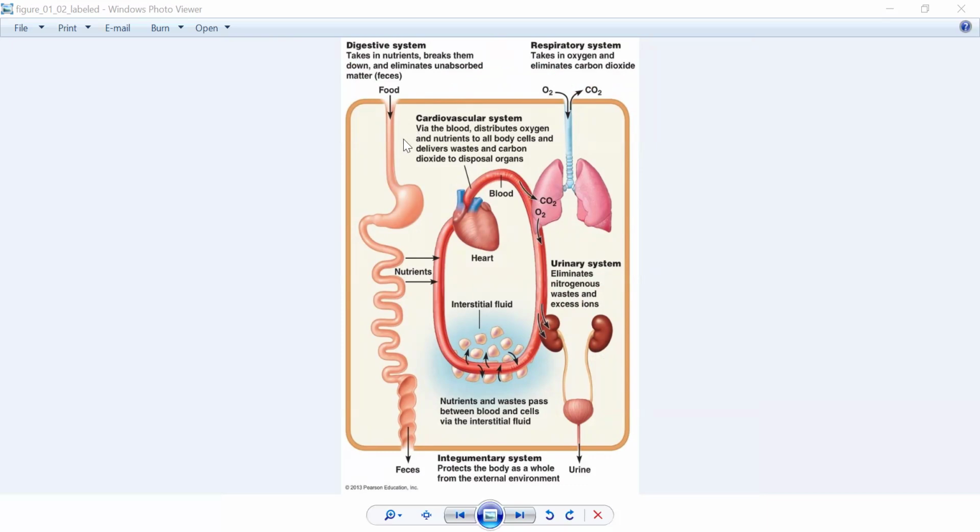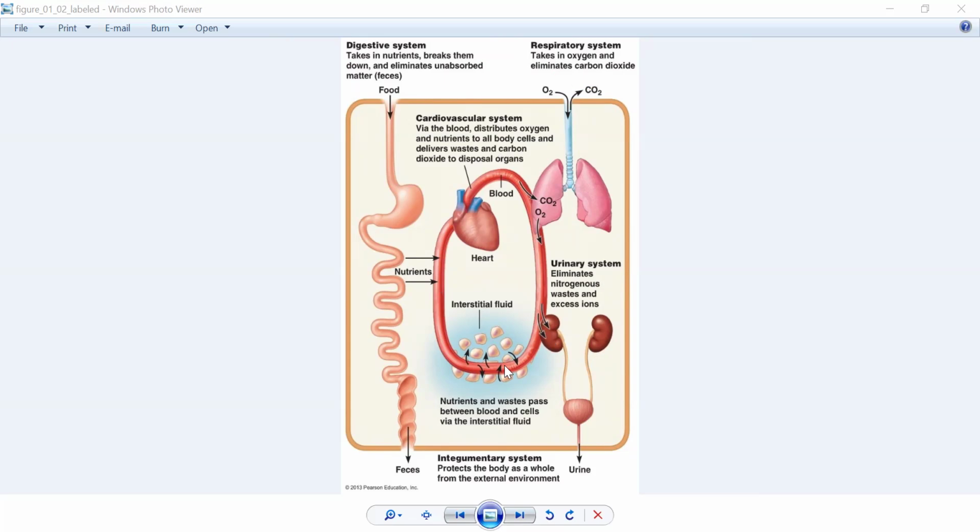Then you have your digestive system, whose function is to break down foods and absorb nutrients, which you will deliver through the cardiovascular system. And then oxygen, you need oxygen to survive in order to make that molecule called ATP. That'll be delivered as well through the cardiovascular system to tissues. And then waste products are being picked up from those tissues, like carbon dioxide, and they're delivered to organs.